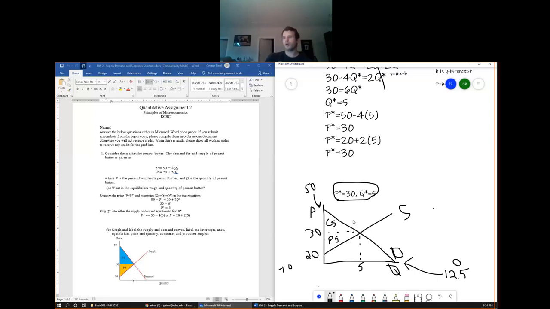For example, if the price is 30, there are five people willing to pay for 5 units of peanut butter. If the price were here, let's say 35, then maybe 4 people are willing to pay for peanut butter.